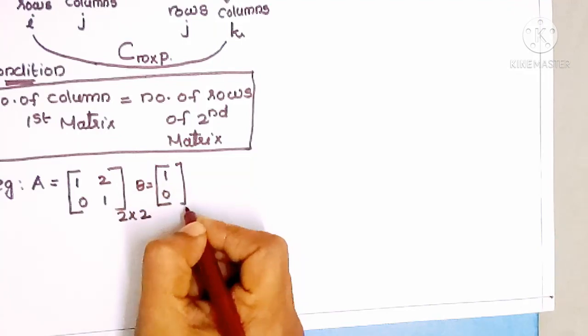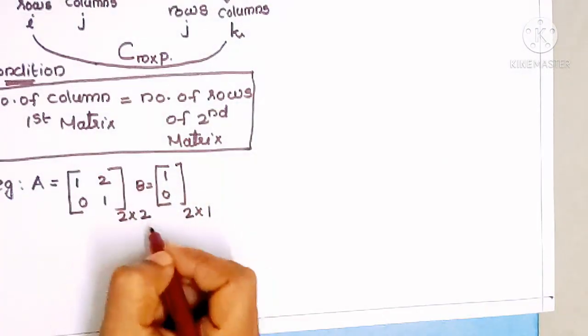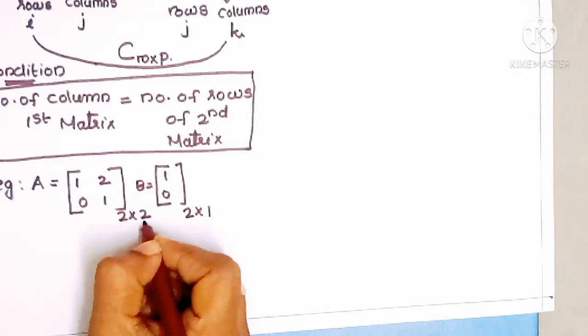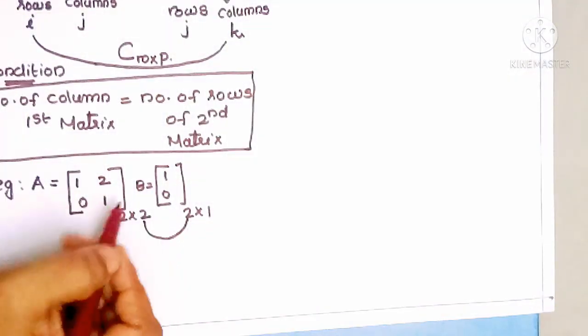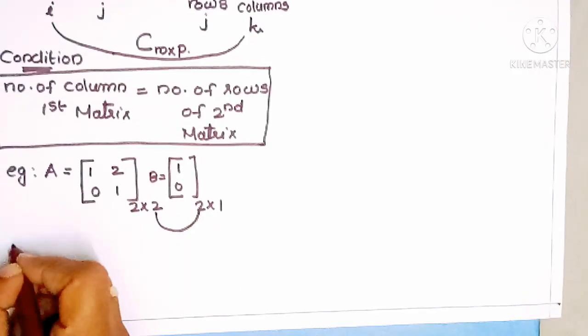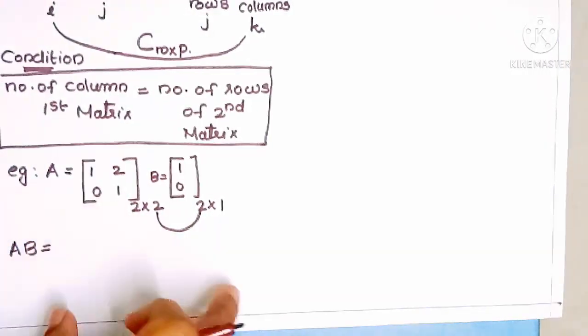This is a 2 by 1 matrix. If you check these matrices, the number of columns of the first matrix is equal to the number of rows of the second matrix, so we can multiply A and B. Then what is the product AB? How can we multiply these two matrices?